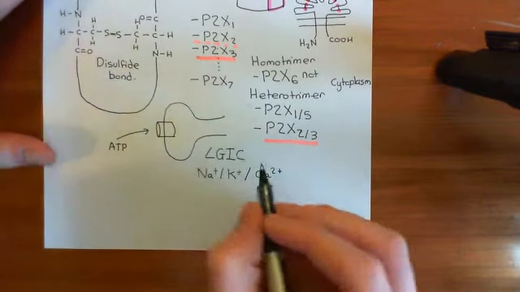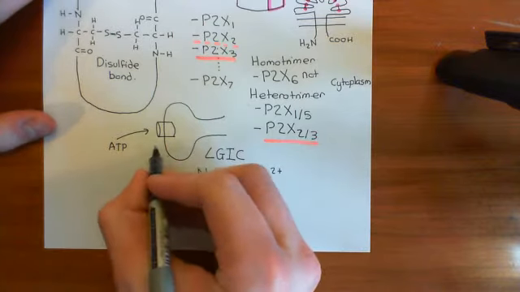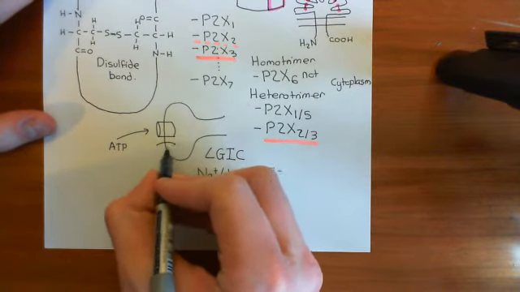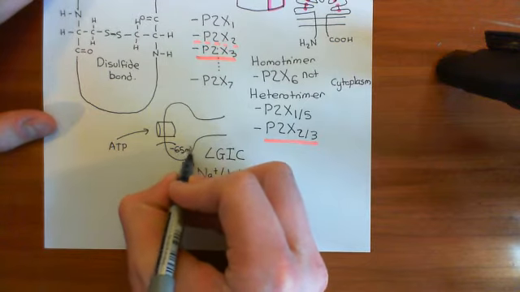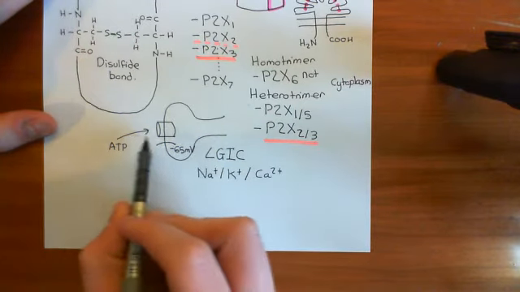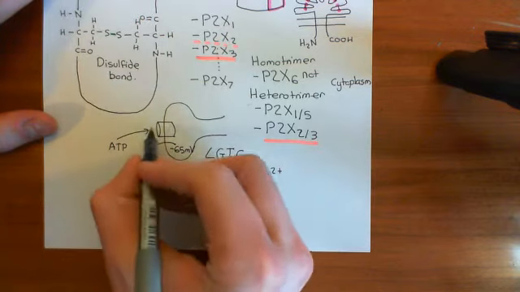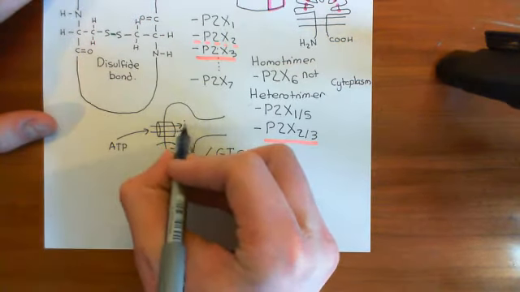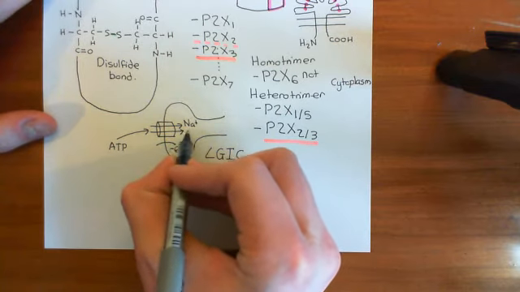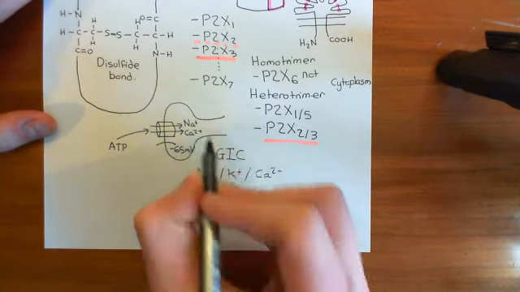Okay, so we know what this means because we've usually got an electrical potential difference across the cell membrane of around negative 65 millivolts. That's going to stop really much potassium coming out. So we're mainly therefore going to get sodium ions coming in and calcium ions coming in. So we're going to get a net movement of positive charge into the cell basically.